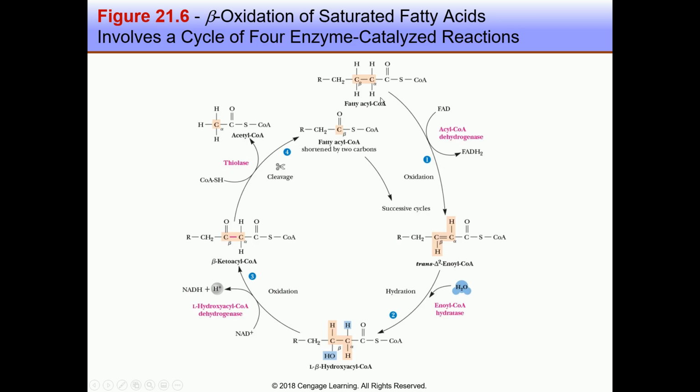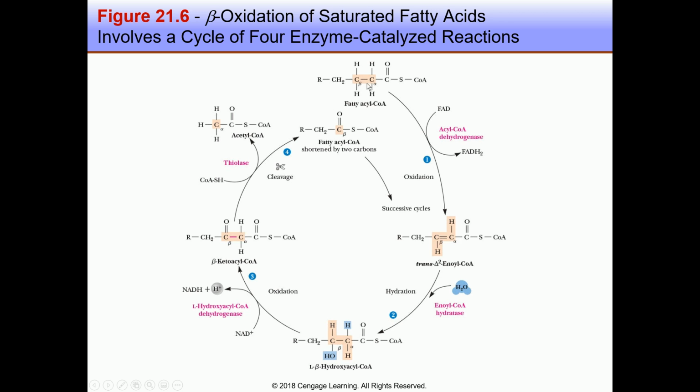So you can see here, this is your fatty acyl coenzyme A. In the first step, this is called oxidation. So which means in this step hydrogens are removed, and it takes place with the help of the enzyme called acyl coenzyme A dehydrogenase. And the hydrogens which are removed, they are taken by FAD, and FAD is converted into FADH2.